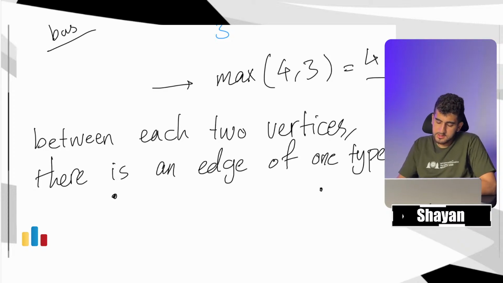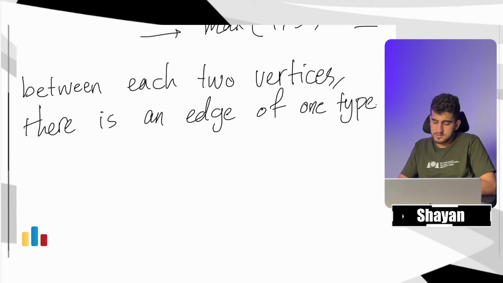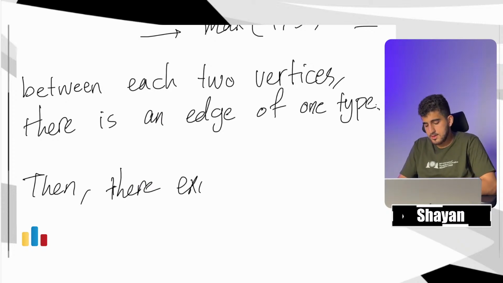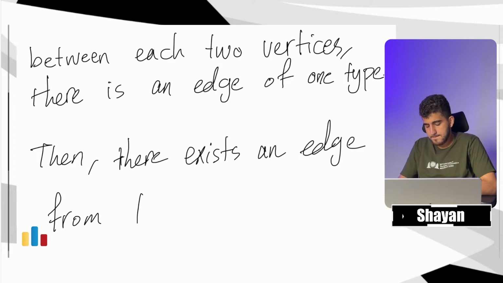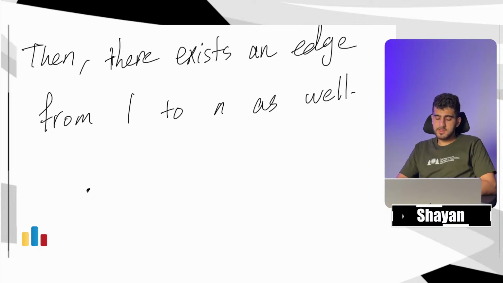So the point is that, if this holds for each two vertices, then there exists an edge from 1 to n as well. So between 1 and n there also is an edge. It is either red or blue.